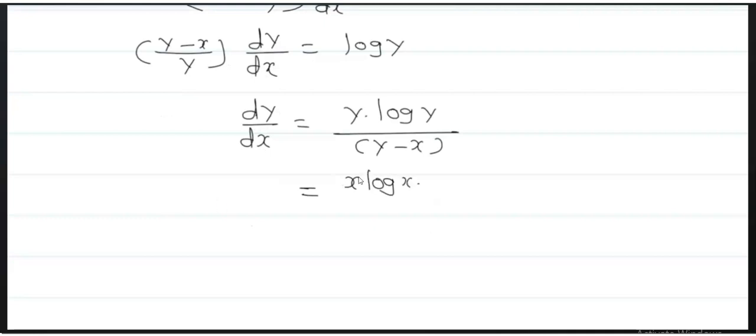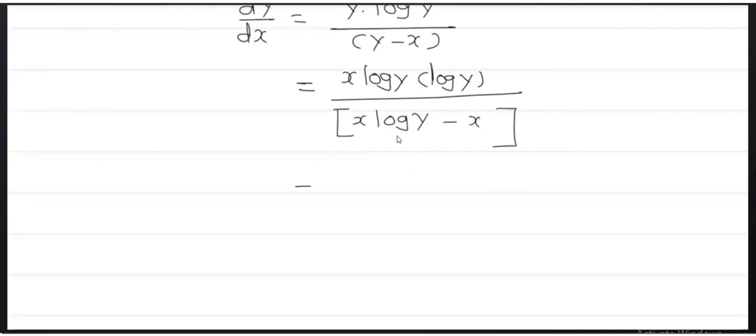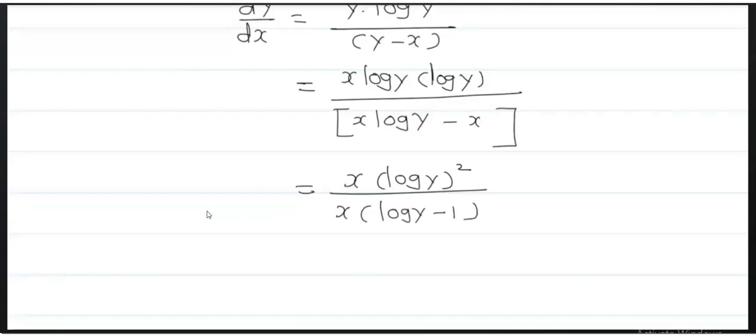Therefore, x into log of y into log of y upon x log of y minus x. That is, we are substituting here the value of y. Y is x log y.